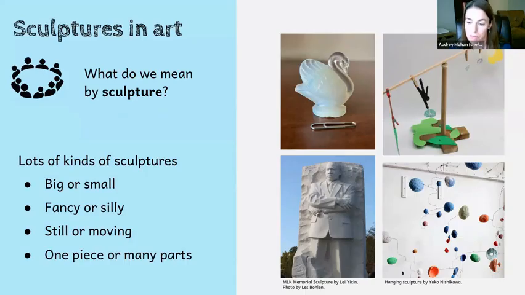So it's three-dimensional and it can be big or small. It can be fancy or silly. It can be still or it can move. And it can be one piece or many pieces. And so in this unit, students are going to be building sculptures, and there are going to be many different pieces that create their three-dimensional art object.